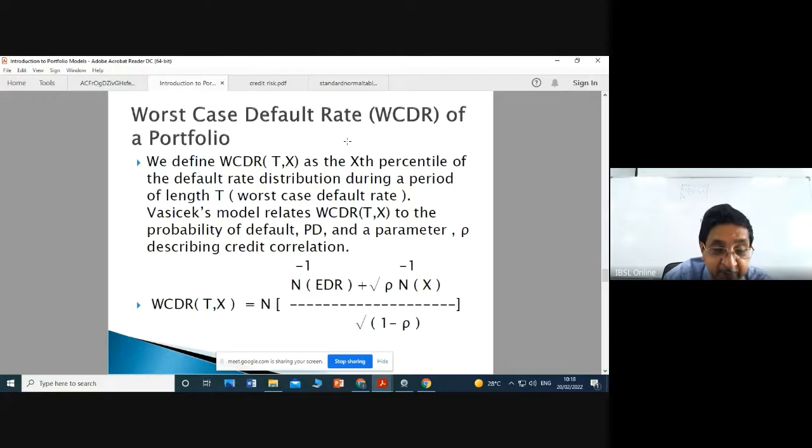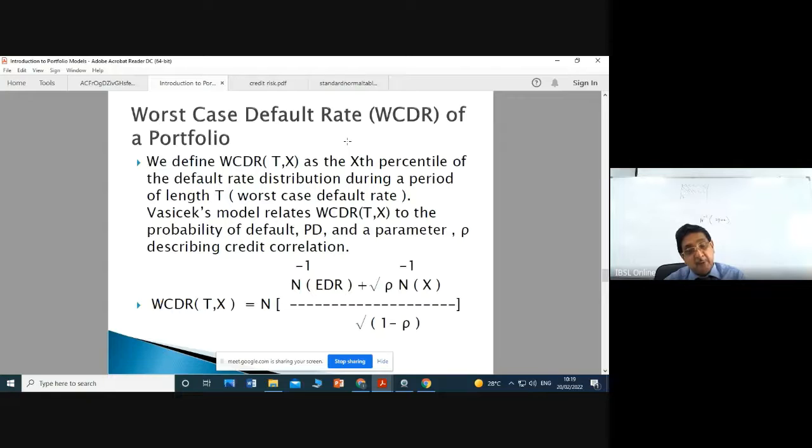Now we can use this Vasicek model for this worst case default rate determination of a portfolio. I think this is a highly important factor with regard to a portfolio, and in preparation for a stress testing situation, because stress testing is a regulatory requirement for a bank.